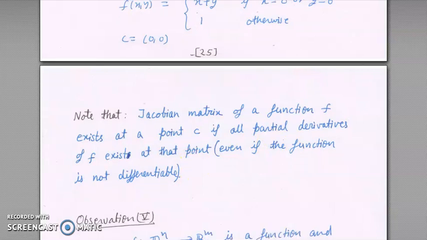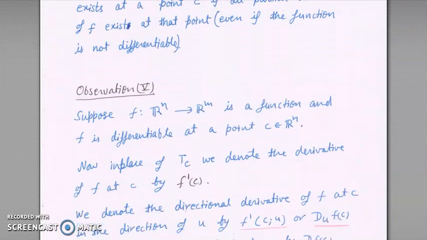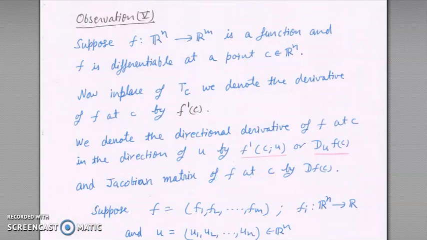Okay, so let me make an observation. Suppose f is a function from R^n to R^m and f is differentiable at a point c in R^n. Some books, in place of T_c, denote the derivative of f at c by f'(c). So we will also denote the derivative of f at c by T_c, or we may denote it by f'(c).